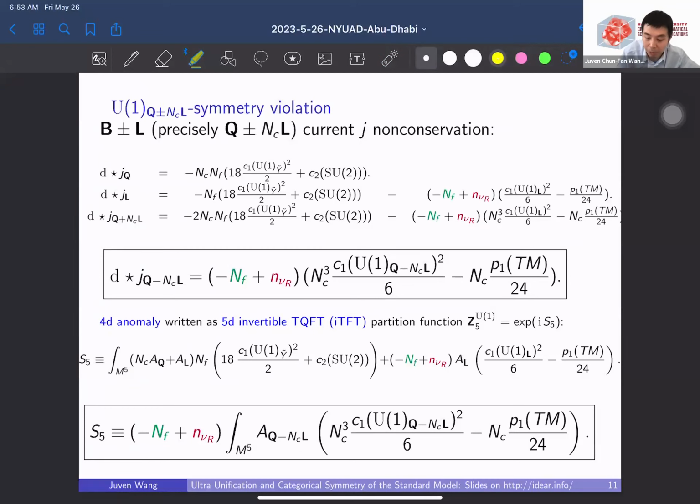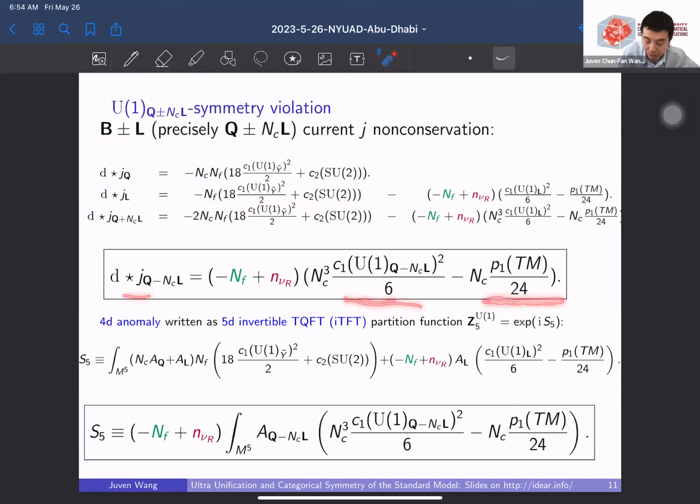If we want to write it in the more familiar current conservation way, then we can check the current from the quark number and lepton number, which is B and L related. Some combinations like B-SL are basically conserved within the gauge sector of U1, SU2, SU3, but not conserved under turning on background dynamical gravity.